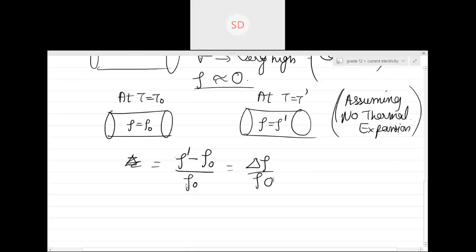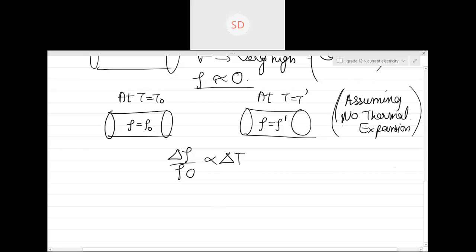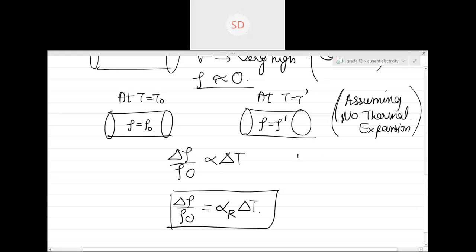Yes, sir. So delta rho by rho naught is directly proportional to the change in temperature. You remember the same relation was there for thermal expansion as well. When you remove the sign of proportionality, introduce the constant called alpha r, where alpha r is called the temperature coefficient of resistivity.